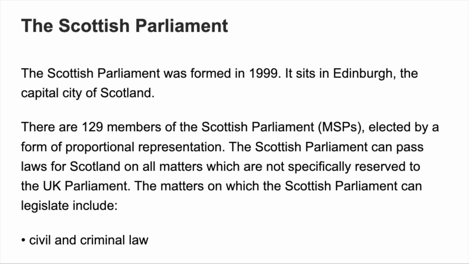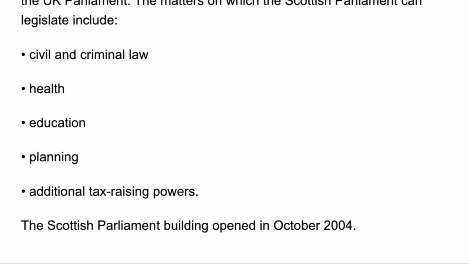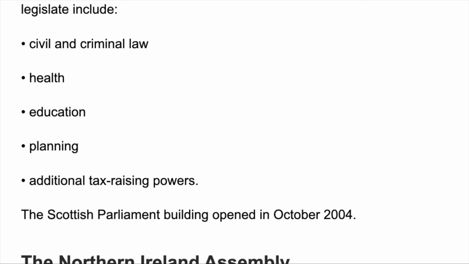The matters on which the Scottish Parliament can legislate include civil and criminal law, health, education, planning, and additional tax-raising powers. The Scottish Parliament's building opened in October 2004.